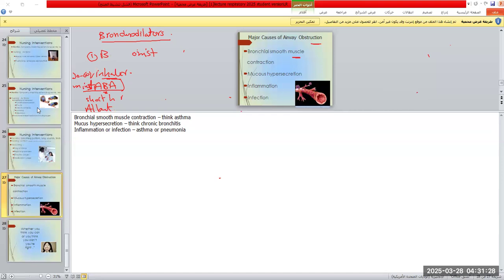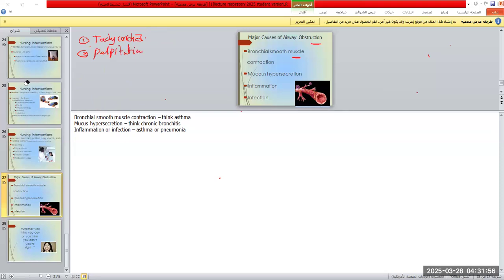Before getting to the second choice, what is the side effect of this drug? It's sympathetic, which means tachycardia, like palpitations. Also tremor, where the hand shakes.